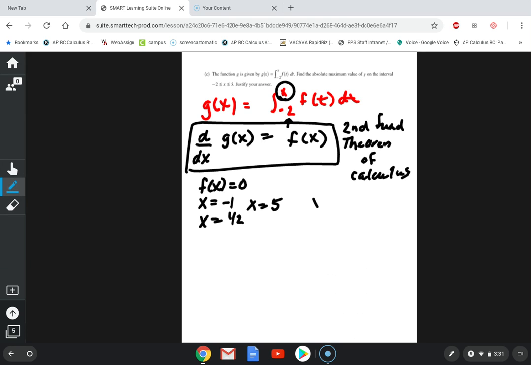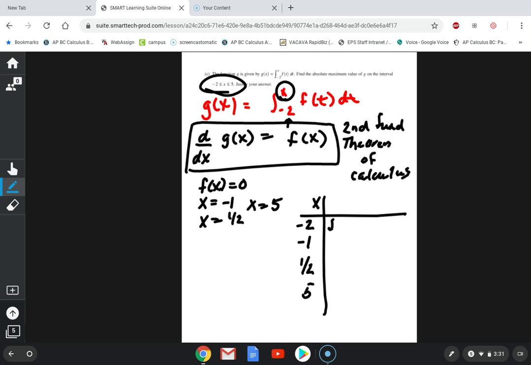So I'm going to take my x coordinates, and I'm going to take my endpoint, which is -2, and my critical numbers, -1, 1/2, and my endpoint, which is 5. Again, it says the integral here. You want to always include the endpoints when looking for absolute max and mins.